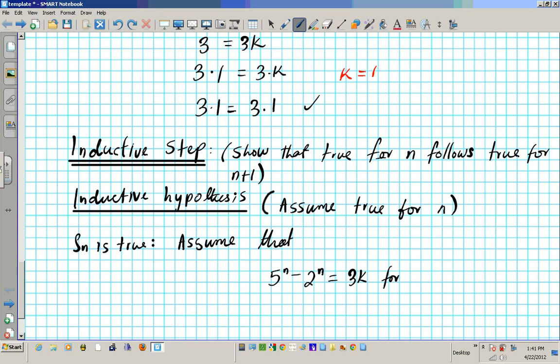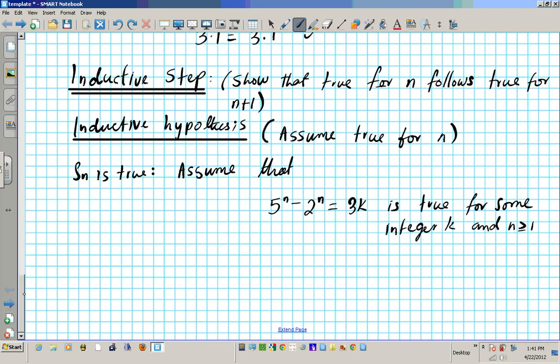Sorry, assume that this one is true, for some integer k, and n is greater than or equal to 1, or is a positive integer. Okay, so assume that that's true.